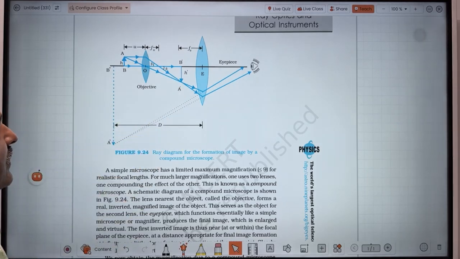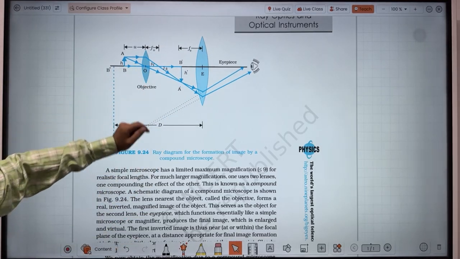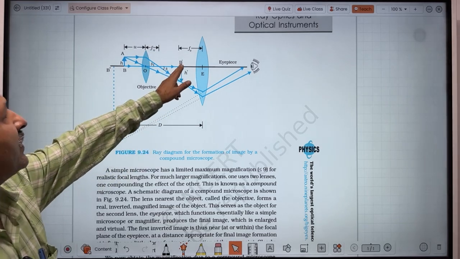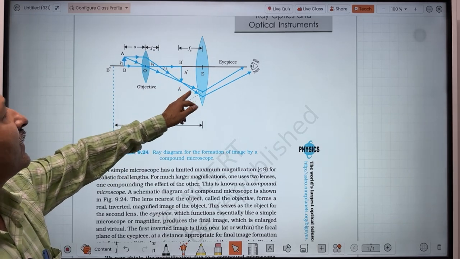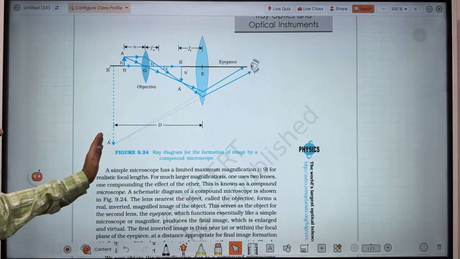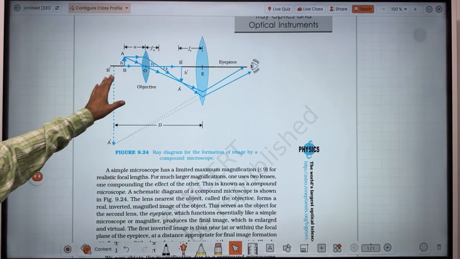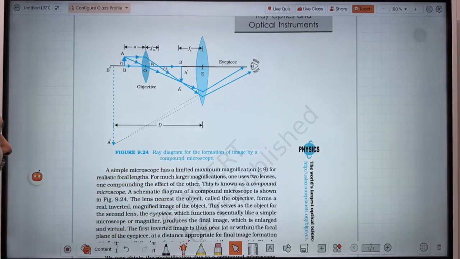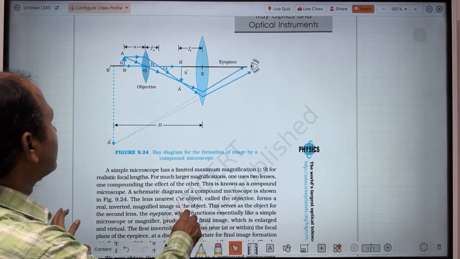This is b dash a dash, the image due to the objective, and then this image b dash a dash will work as the object for the eyepiece, and the final image will be formed at the least distance of distinct vision from the eyepiece, right? So this is basic.